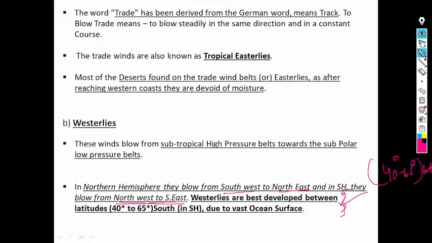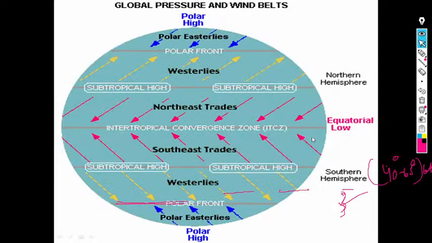In the southern hemisphere, when you look at this map, it will be more clear. Westerlies are basically best developed within the range of 40 to 65 degrees. Why?